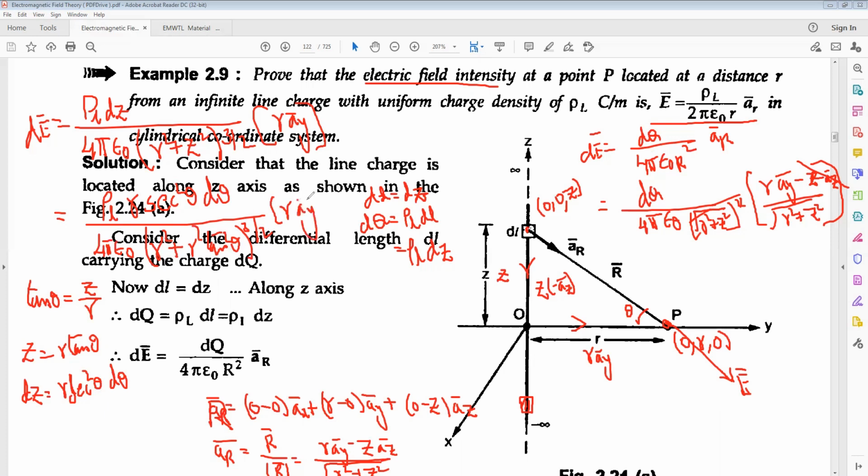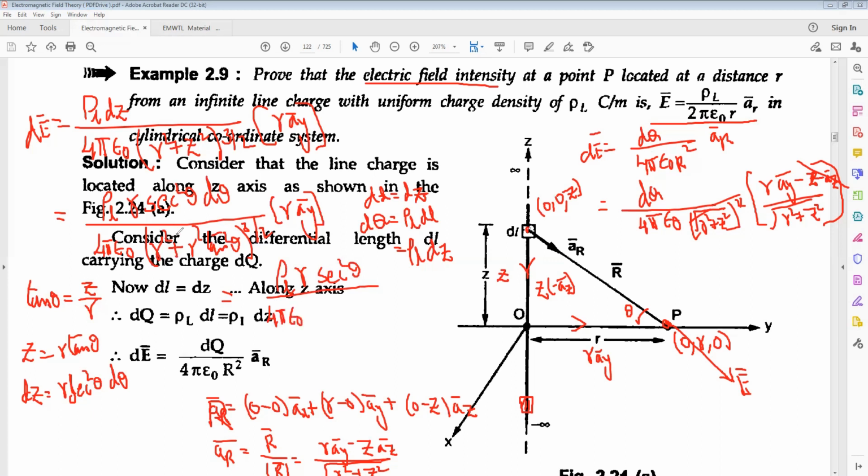Okay, let us take ay first of all, r into ay. Now here check, r square is common. R square whole power 3 by 2 means r cube, with rho L r secant square theta whole divided by 4 pi epsilon naught.